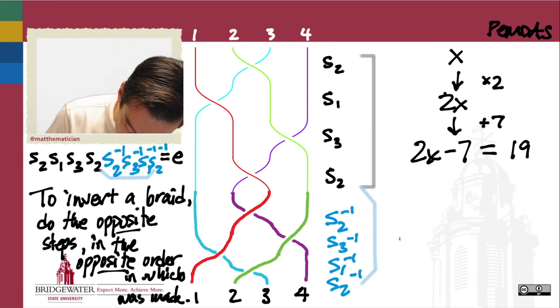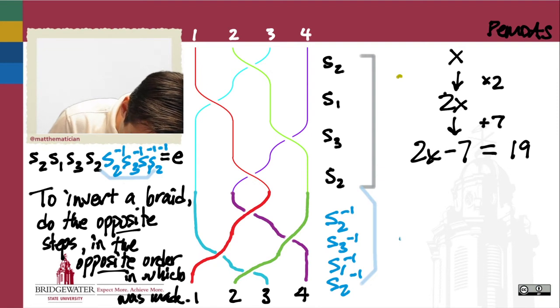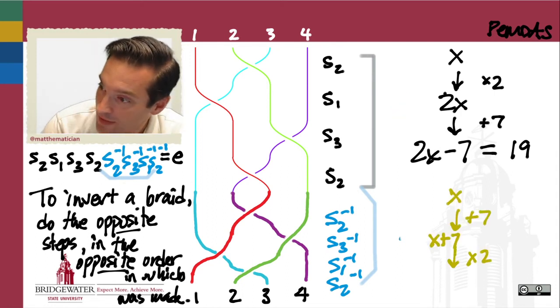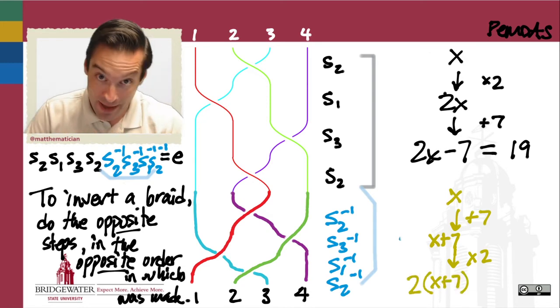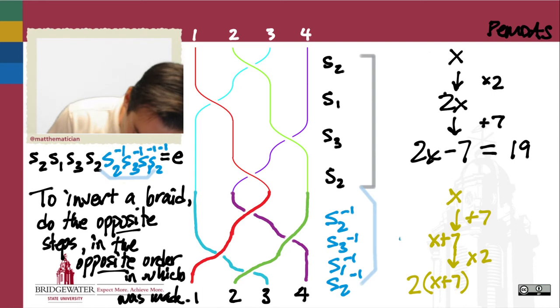The order in which that happens is important, because if we reversed the order, if I did plus 7 and then I did times 2 instead, what would I get? If I add 7 first and I multiply by 2 afterwards, what I get is not 2x plus 7, but twice the quantity x plus 7, which is 2x plus 14.